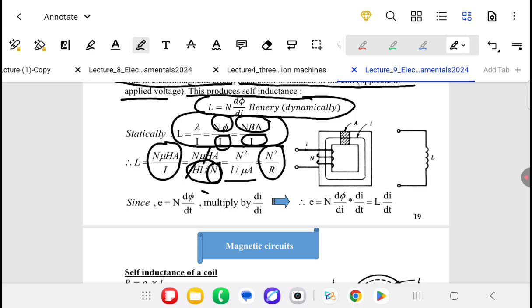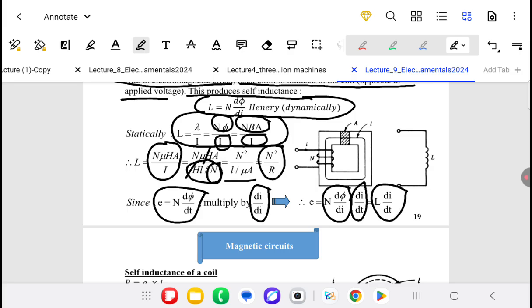We have the equation of Faraday's law, E equals n d phi by dt. We can multiply this equation by di and divide by di. Now we have E equals n d phi by di, which is the self-inductance, times di by dt. Then the induced EMF equals L di by dt.